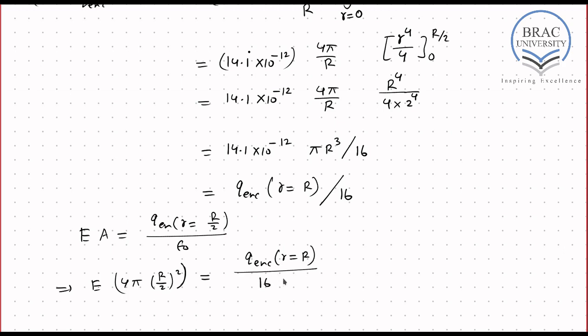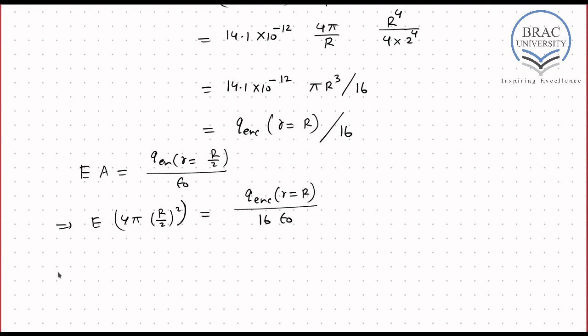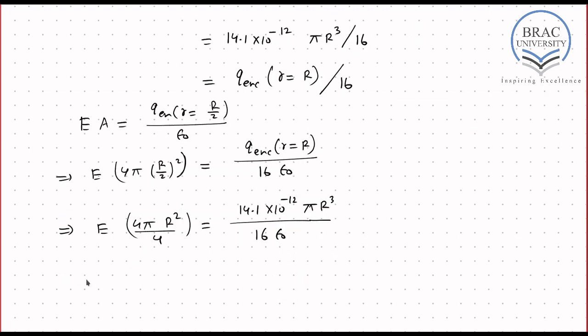So it's 4 pi R squared divided by 4 equals 14.1 times 10 to the power minus 12 pi R cubed over 16 epsilon naught. So 4 cancels out, pi is here, so R squared cancels out.